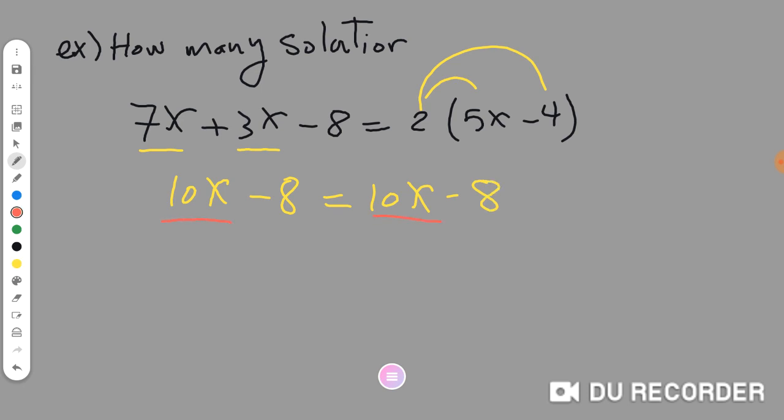The same 10x. So what about subtracting 10x from the left-hand side and 10x from the right-hand side? It will give me 0, and I find negative 8 equals negative 8. The same number on both sides, so I have an infinite number of solutions.